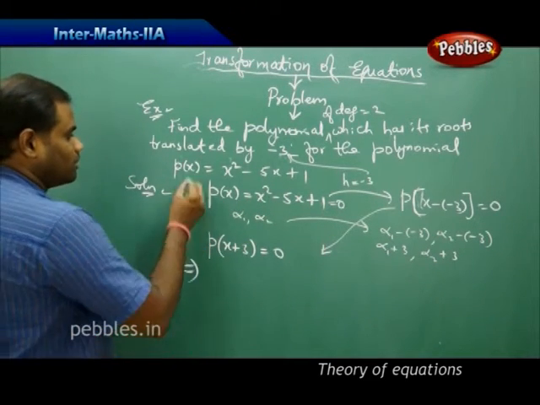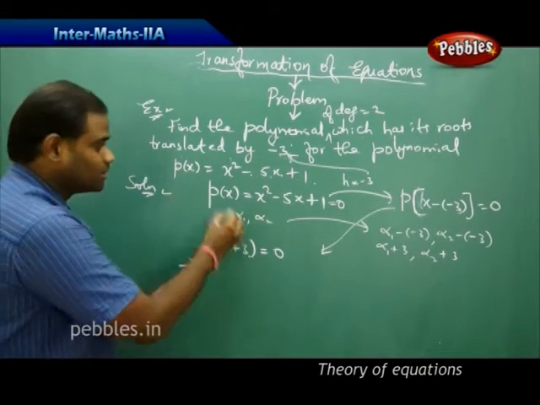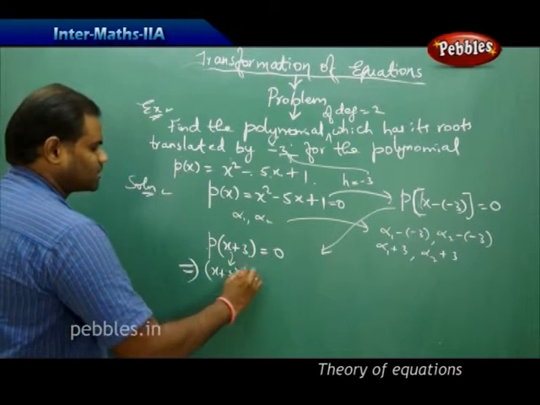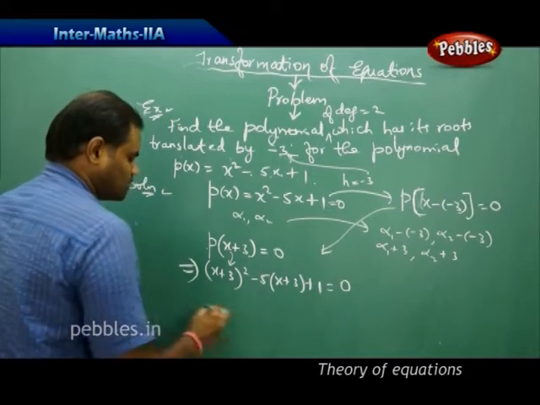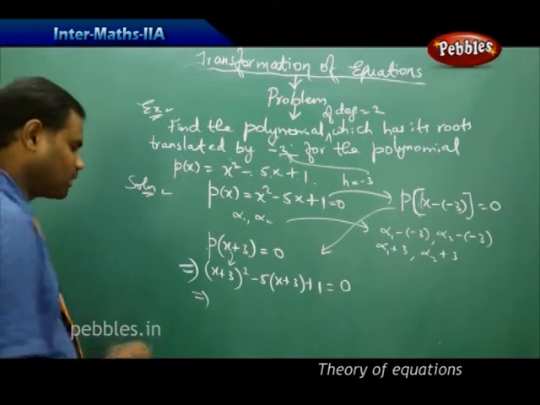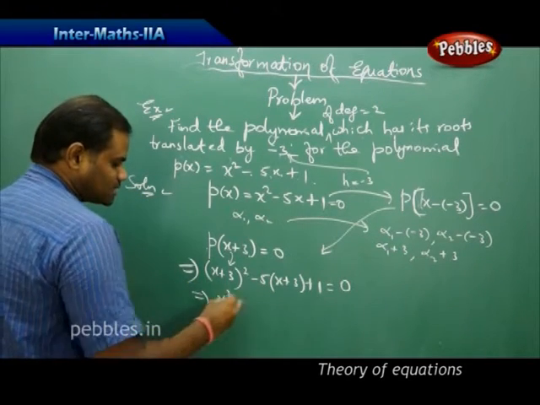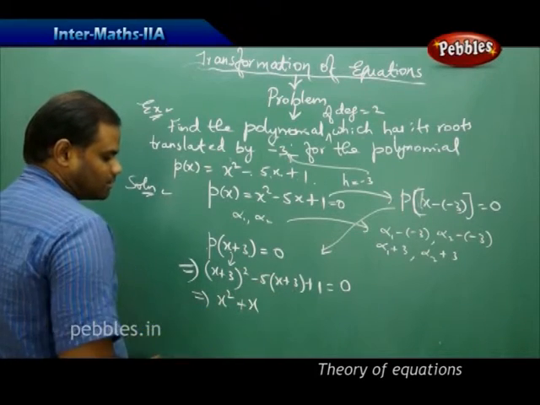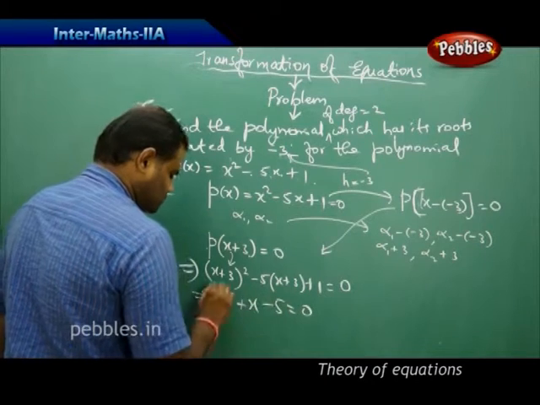And therefore, when my p of x is x square minus 5x plus 1, p of x plus 3 is nothing but replacing x with x plus 3: (x plus 3) squared minus 5 times (x plus 3) plus 1 equals 0. This on further simplification gives a square plus 2ab, that is x squared plus 6x minus 5x, which is x, plus 9 plus 1, 10. 10 minus 15 is minus 5 equal to 0.